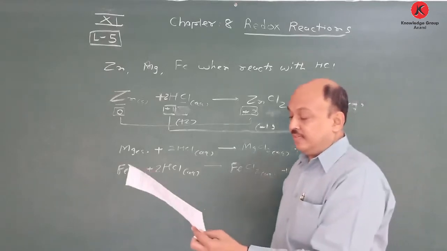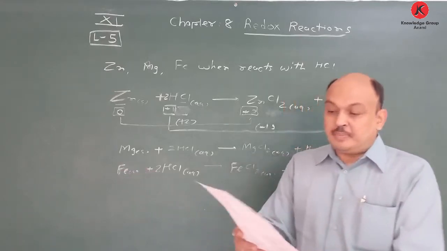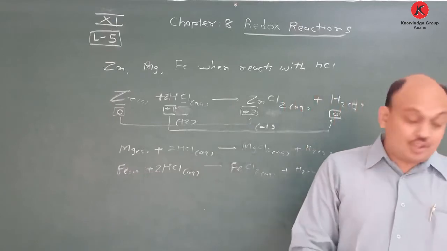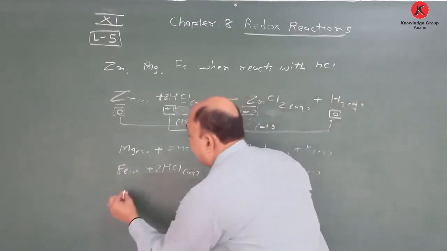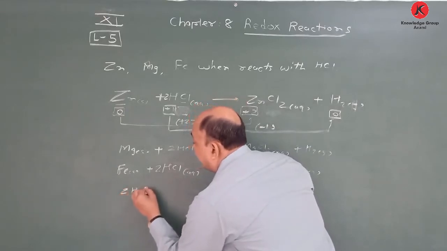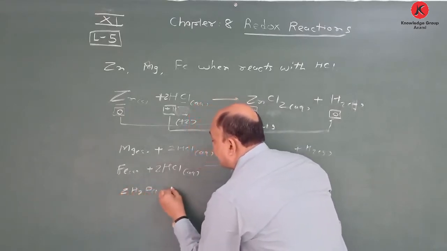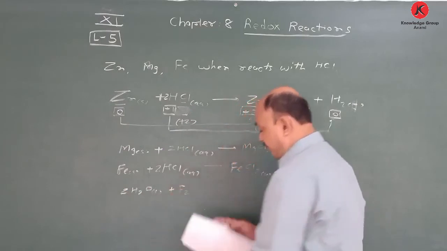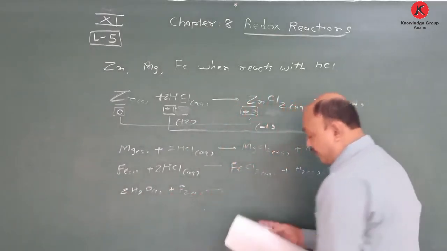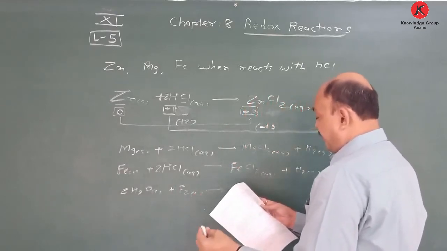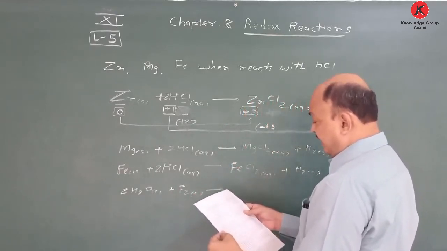Another particular example: twice H2O liquid plus 2F2. Here one example is given. F2 in a gaseous form, which product is obtained here?